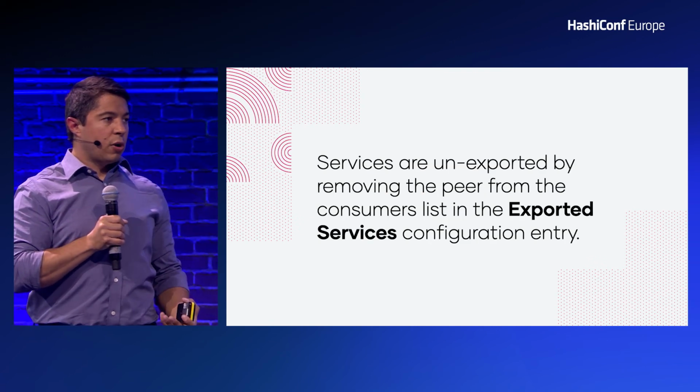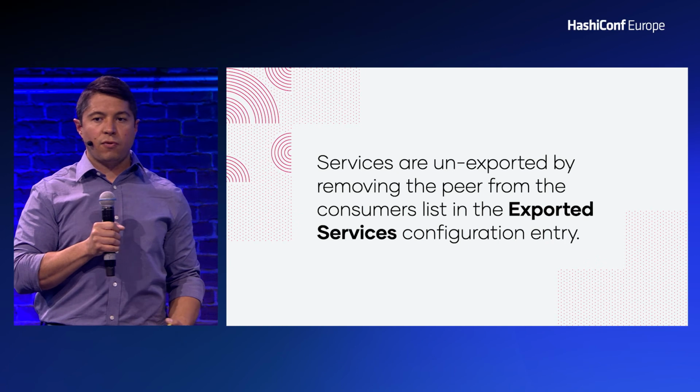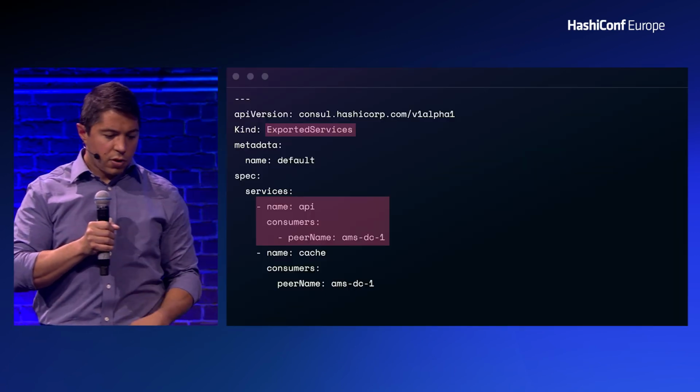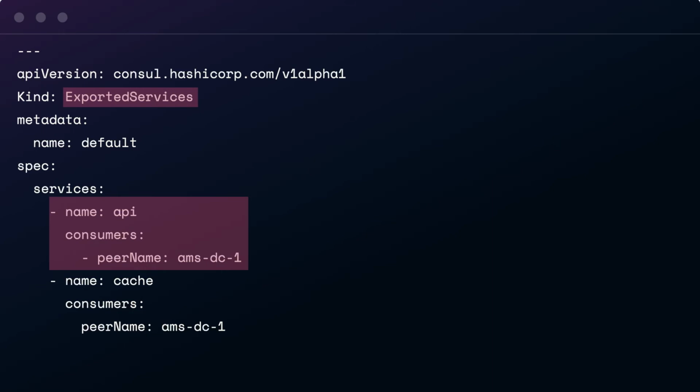You unexport a service by simply removing it from the exported services configuration entry. So again, going back to our example, we now have 2 services listed here. We just need to delete this API service. Once that is saved into Consul, it will issue an update across the peering connection to the remote peer, notifying it that that service is no longer valid, at which point it'll purge that from its service catalog.